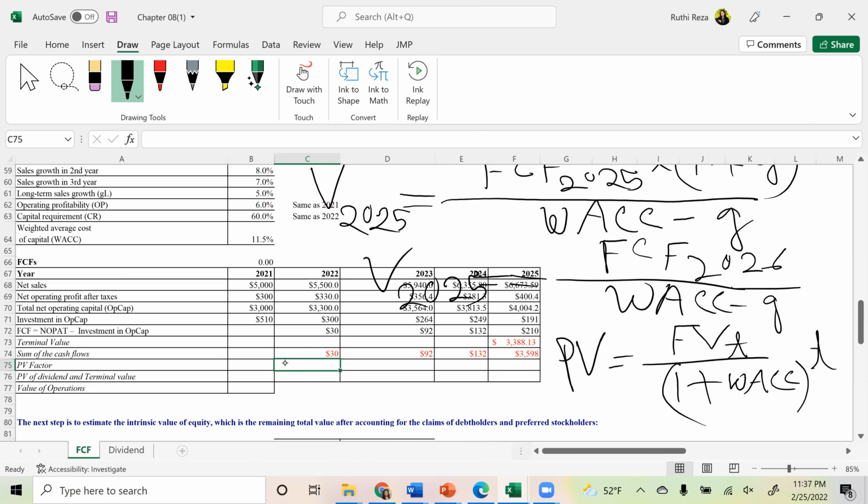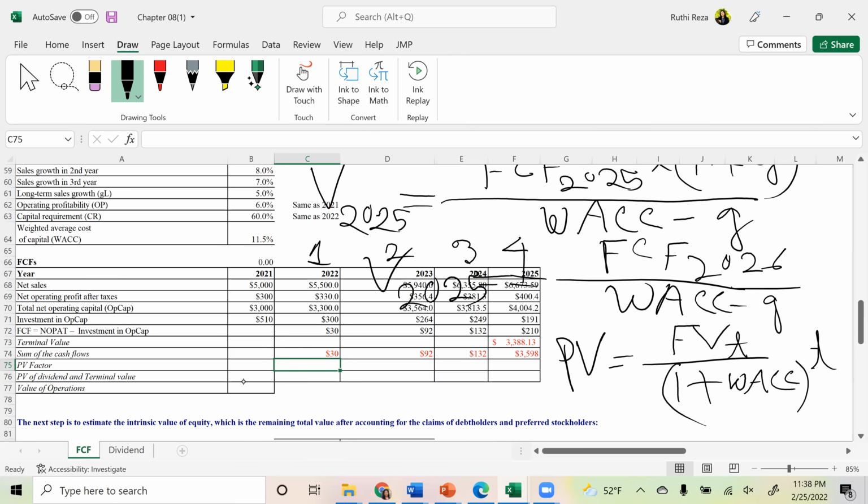Now, year 2022 is our first time period, right? First year. Then 2023 is our second time period. 2024 is our third time period. 2025 is our fourth time period, right? Okay. And then how do we get it? It is the difference between the base year and the year in which we are making the forecast.